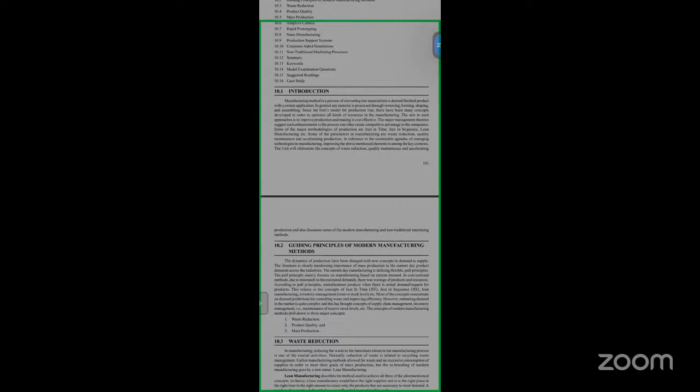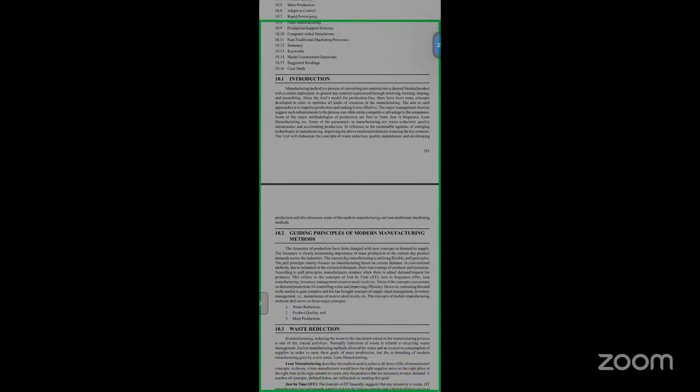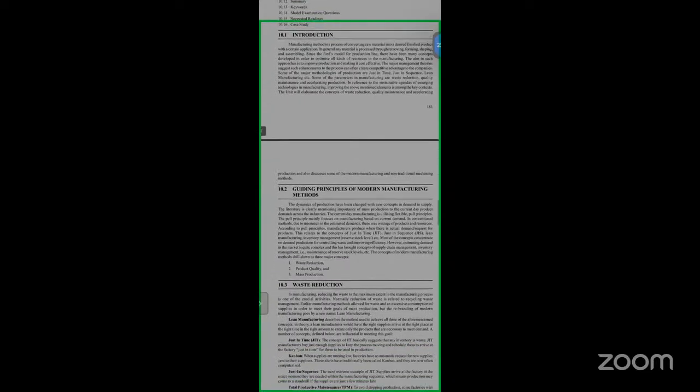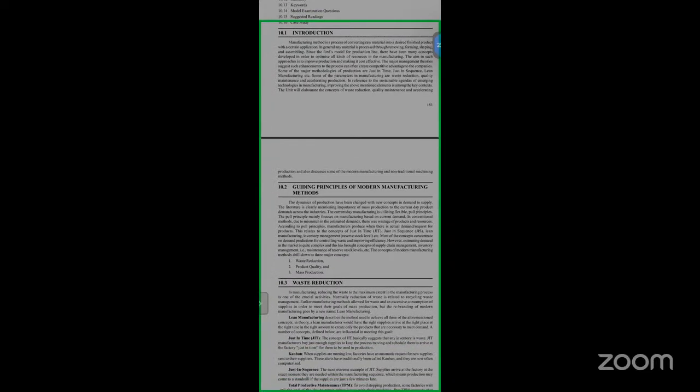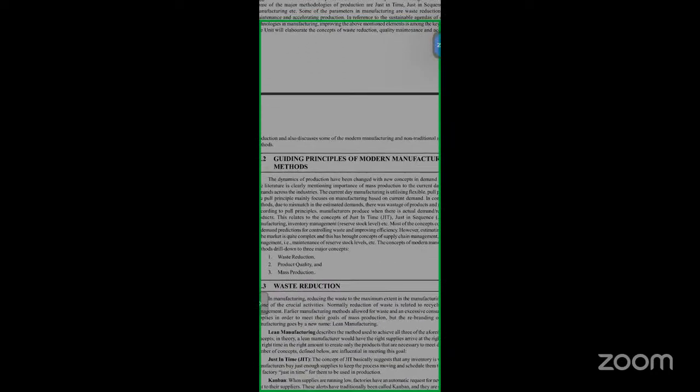In reference to the sustainable agendas of emerging technologies in manufacturing, improving the above elements is the key context we can take, and we will elaborate more on waste reduction, quality maintenance, and accelerating production. The guiding principles of modern manufacturing methods we have is waste reduction.